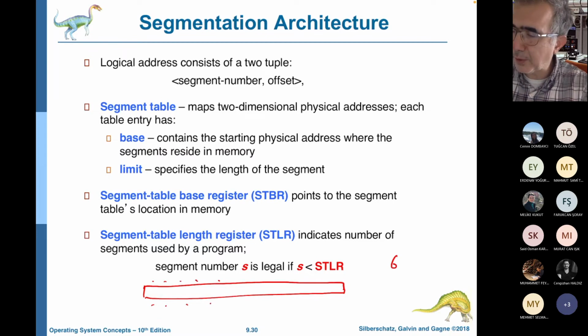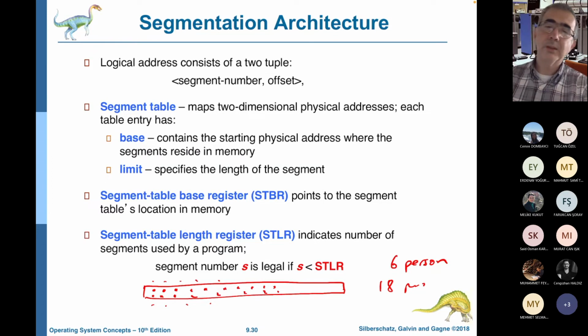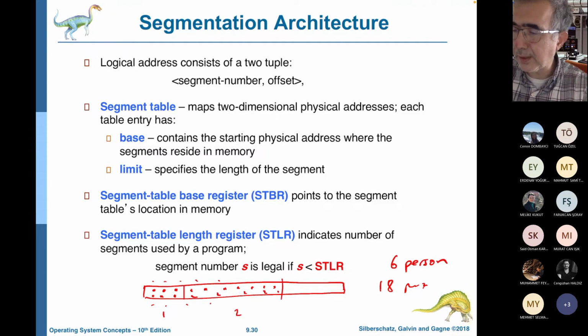If a group of 6 persons comes, you allow them to sit like this. Then a group of 18 persons comes, okay, they sit as the next group. So this is the first group, this is the second group, and when this group finishes, this place becomes empty. Then another 18 persons come.